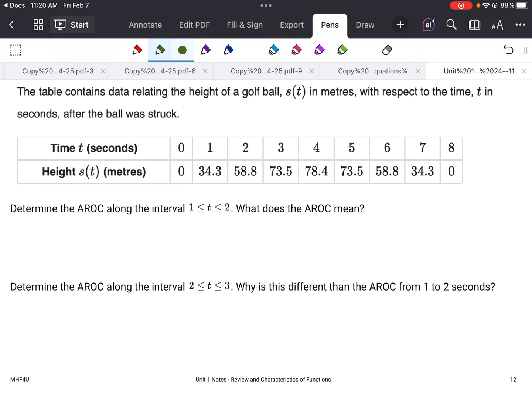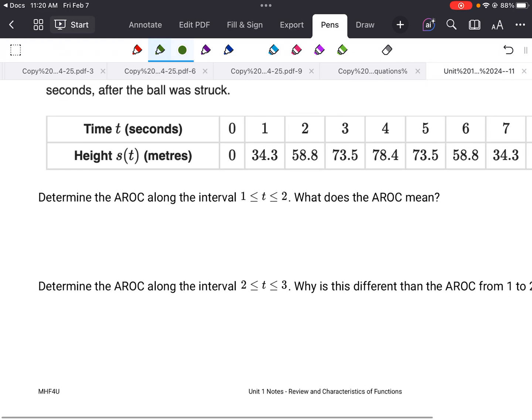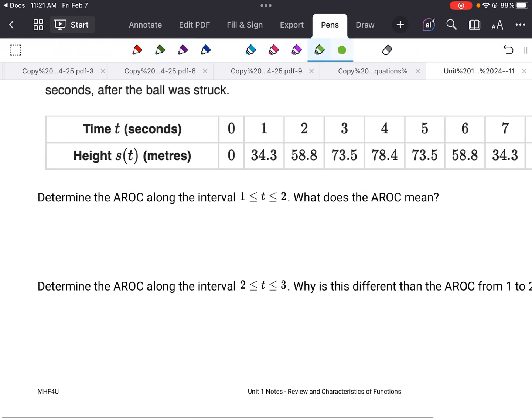Determine the average rate of change along the interval of 1 to 2 seconds. What does the AROC mean? We're just looking at 1 to 2 seconds. We don't actually know the equation of the function. We're getting specific points.